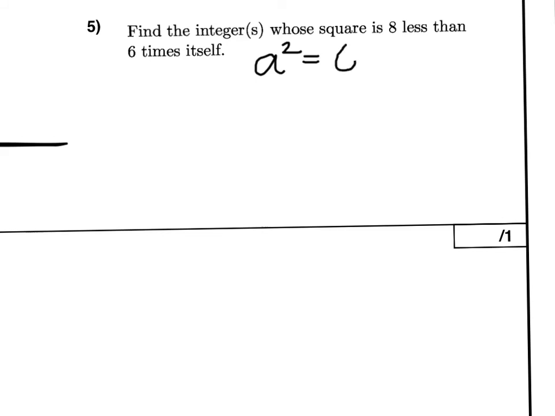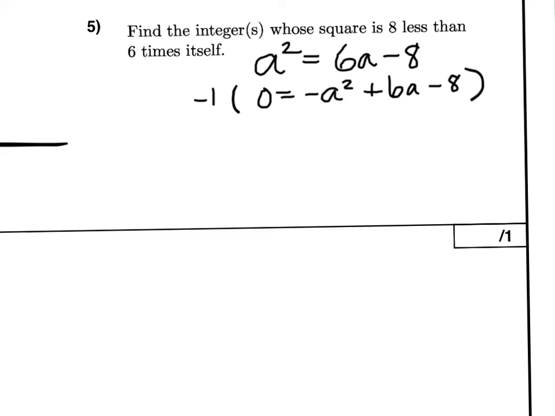So 6 times itself minus 8. And now we're going to set it equal to 0, and we would have a negative a squared plus 6a minus 8. Of course, we never want that negative on the a, so we're going to divide everything by negative 1 or multiply everything by negative 1. So I get 0 equals a squared minus 6a plus 8.